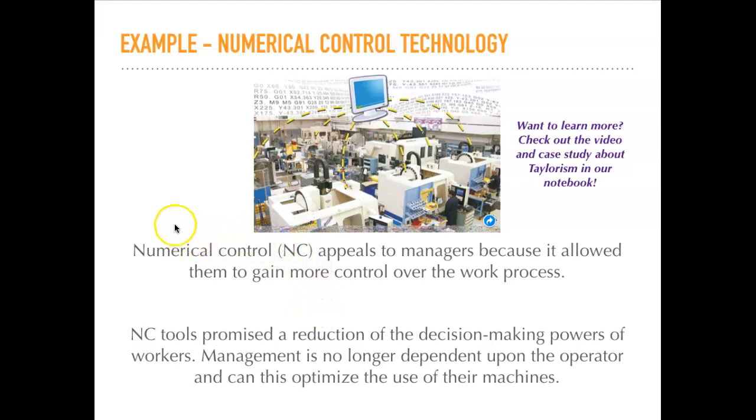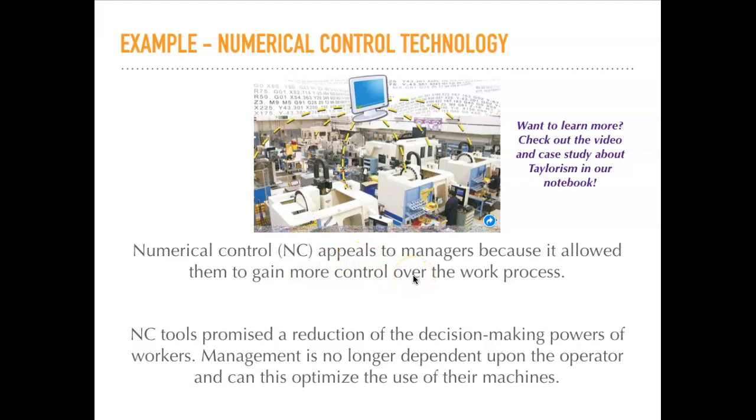And you'll find these in many manufacturing processes and industries and production centers. It's called numerical control. I'm sure many of you know a lot more about this than I do.